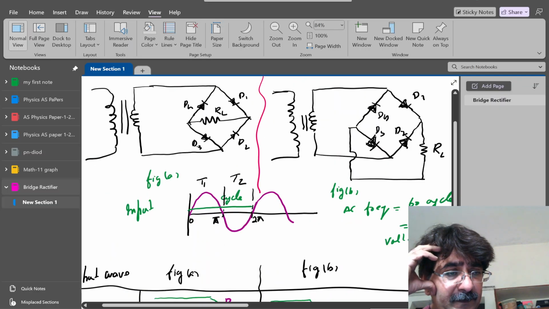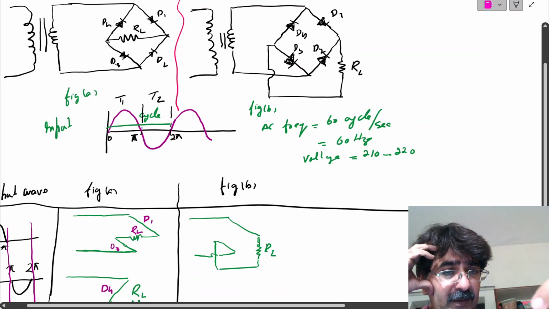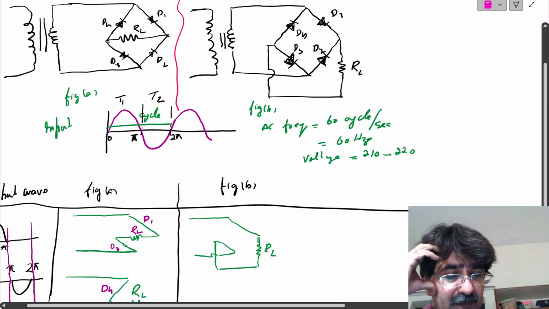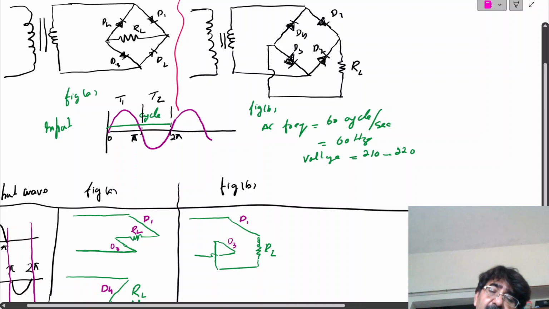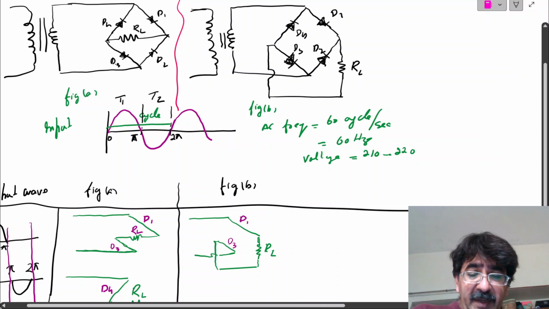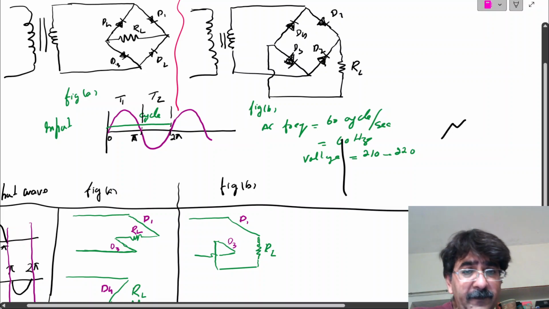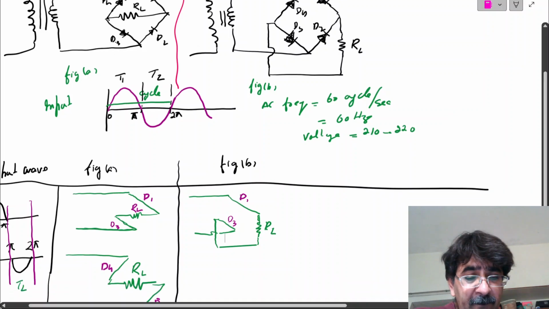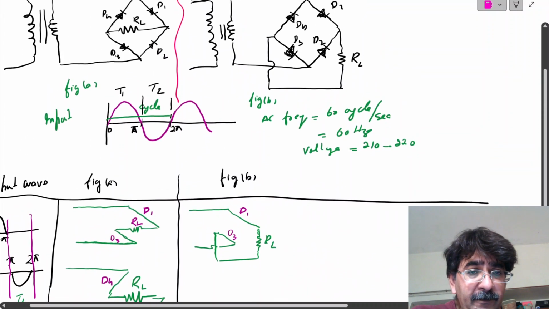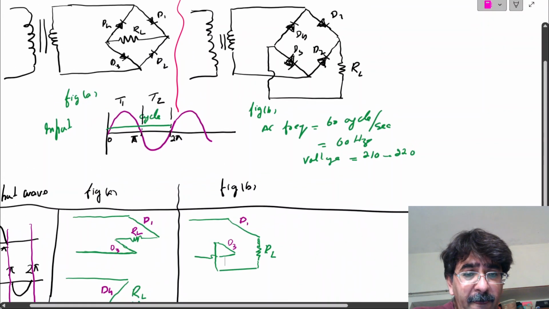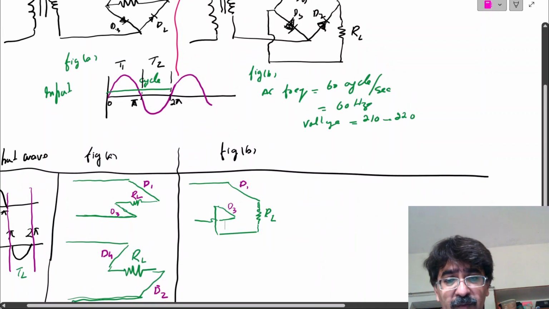So this is D1 and then D3. Always remember the ripple will not pass through D4, because the positive part of the ripple is dropped due to the load resistance, so the P part of the diode will face less voltage due to the drop across the load resistance.